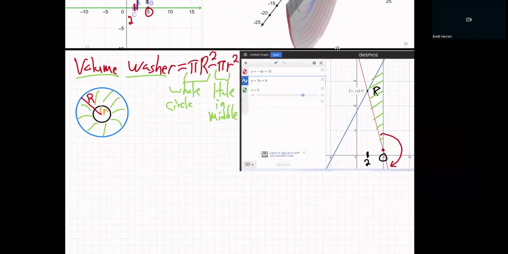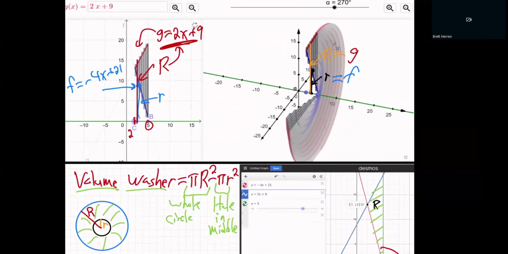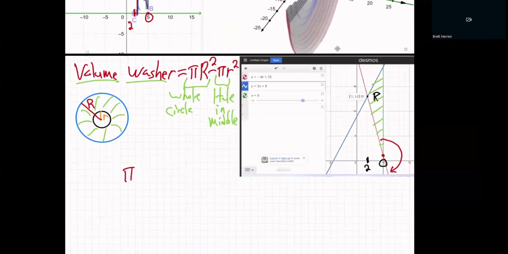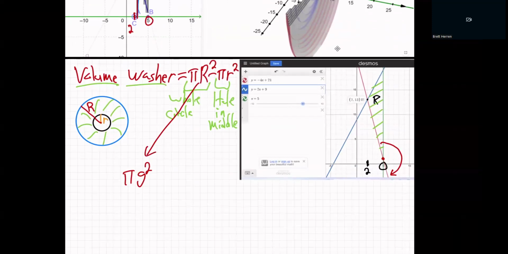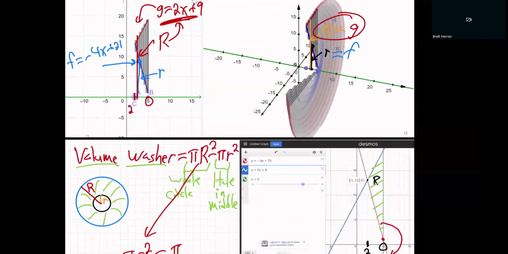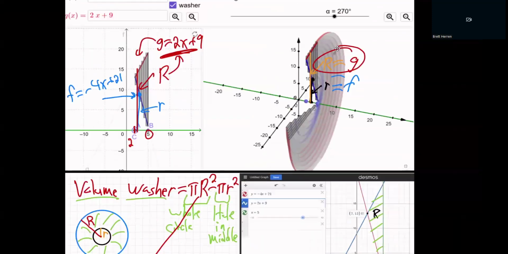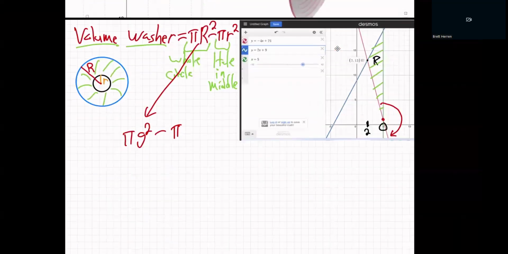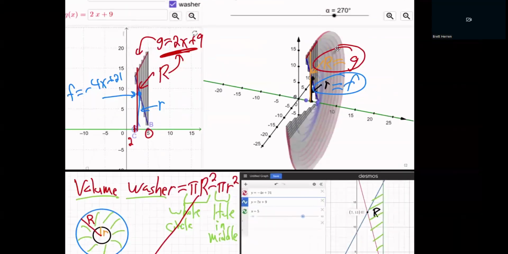We're going to say it's pi times big R, which is G, squared, minus pi times little r, which is F, squared. And we're going to integrate that from where to where? Well, from 2 to 5.